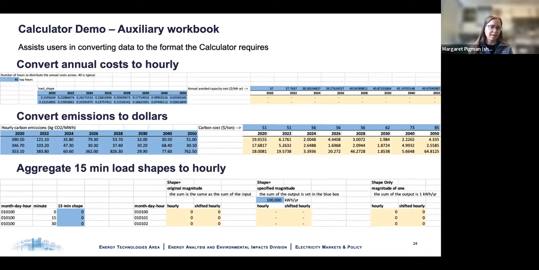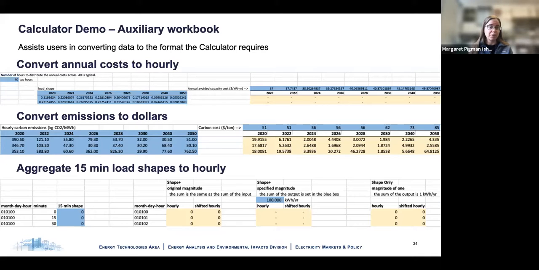Because some of the inputs are in a very specific format that might not be readily available, we also developed an auxiliary workbook to help convert data into the format that the calculator requires.